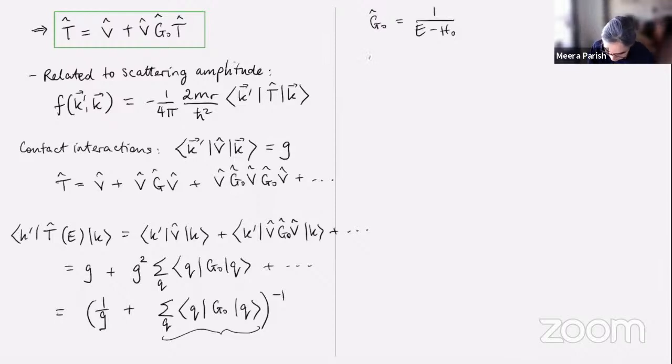So take E equals 0, okay? And in that case, I know exactly what the scattering amplitude is when I take the case of zero energy. So do you remember what's the scattering amplitude in the case of zero energy scattering?